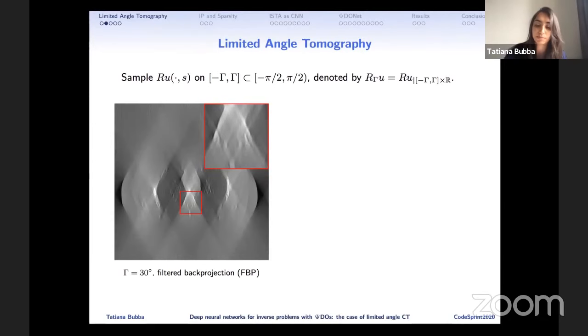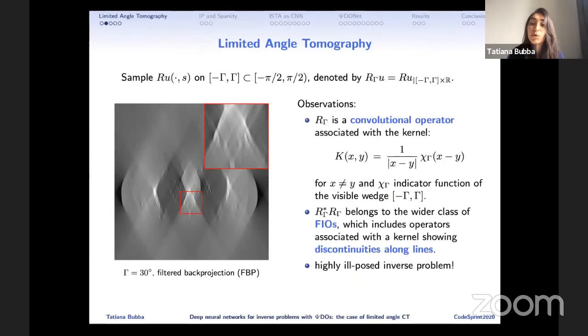What is important for the work that follows is that some of the properties of the Radon transform apply to some extent also to limited angle tomography. So R gamma is still a convolutional operator, but we have a slightly different kernel here. The main part is the same, but it is multiplied by the indicator function of the visible wedge.